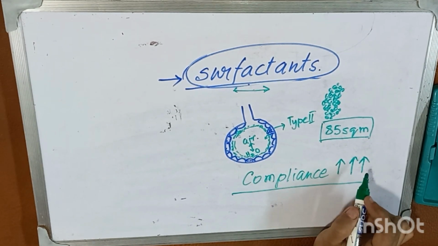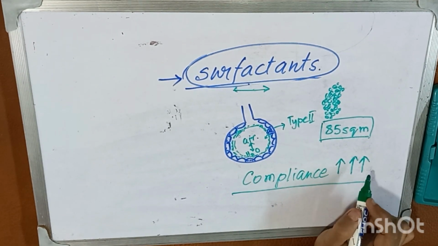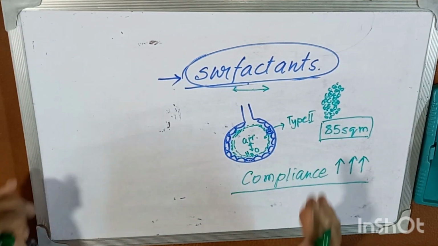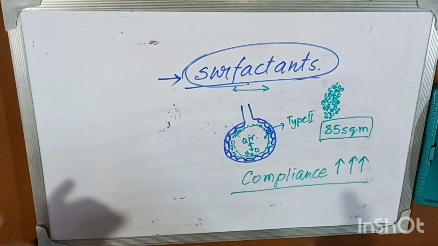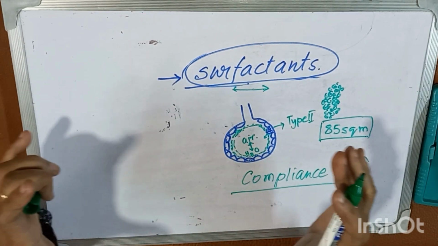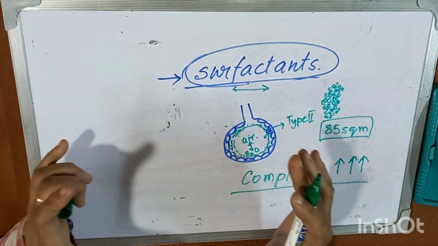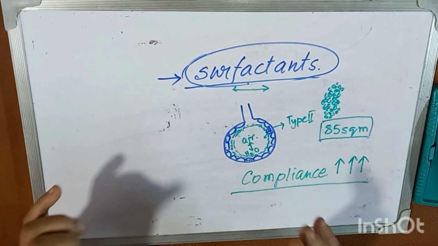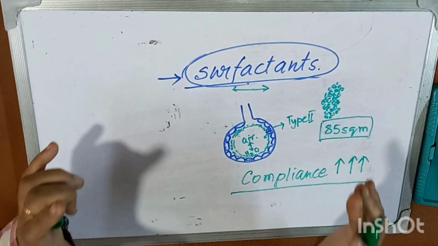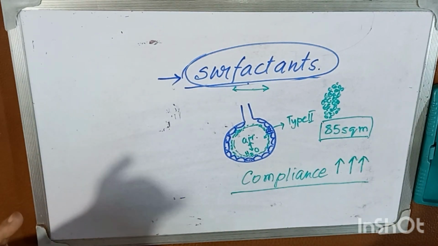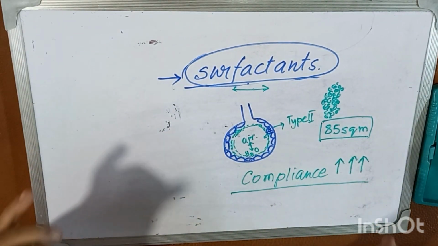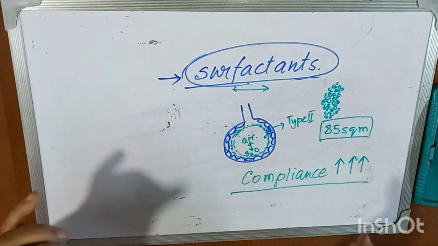Because they change the property of the lung to get inherently deflated because of the huge surface tension of water, and they enable the lung to maintain its huge surface area by lowering the surface tension of the water and maintain its volume.